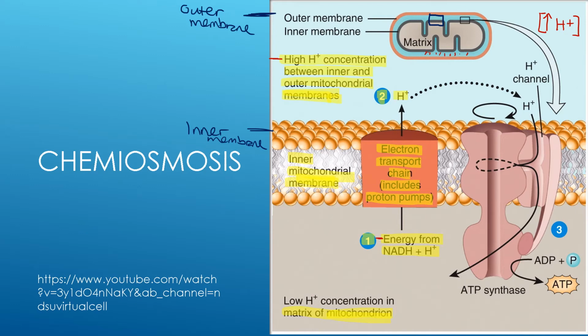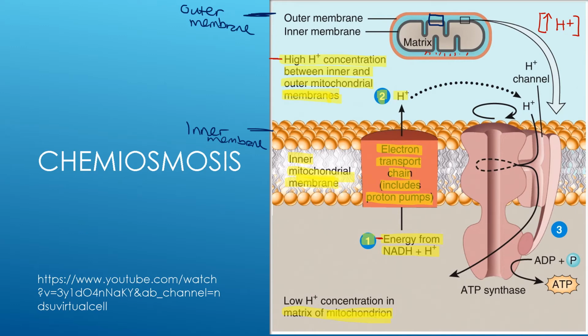Now, because we have this huge concentration of hydrogen ions between the membranes, we can use that as energy. The hydrogen ions will naturally want to move down their concentration gradient, so we use it like a waterfall, kind of how we make power from hydroelectric dams. Water naturally wants to flow downhill, and so we use that to activate motors, essentially.